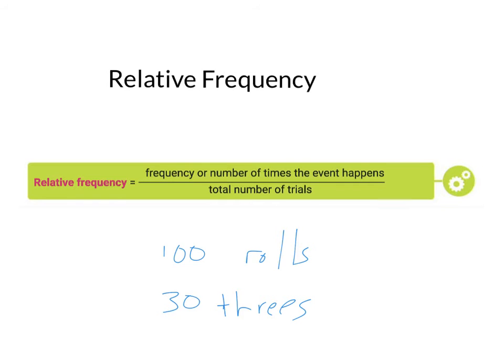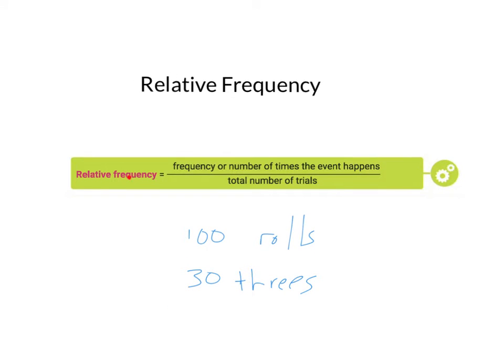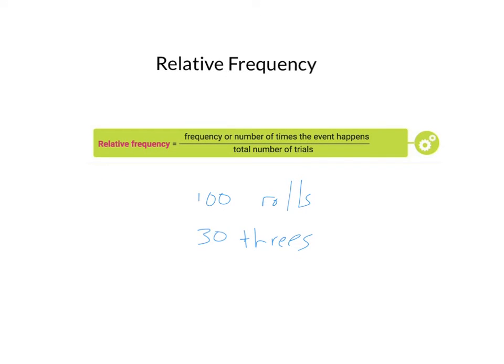Well, then to get the relative frequency, what we're going to do is get the number of times the event happened, which is rolling a 3, and divide it by the total number of trials. In this case, that's the total number of times we rolled the dice. So that's going to give us 30 times that we got a 3 divided by 100 dice rolls.